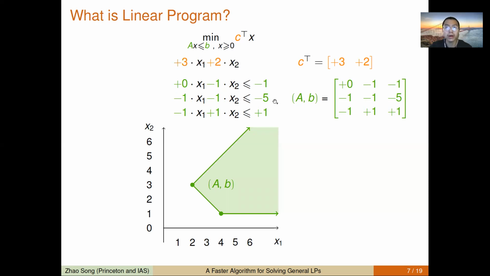Now, if you look at your orange numbers, they decide an angle of a line in 2 dimensions. Your task is to push this line while keeping its angle until it touches the boundary of your green convex region. Once this orange line touches the boundary of the green region, we say we have solved the LP.